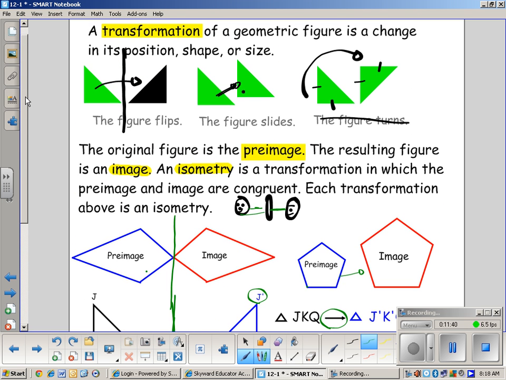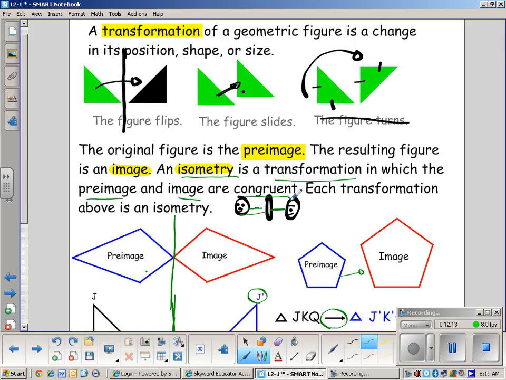Key points to make sure we understand. An isometry is a transformation in which the pre-image and image are congruent. Okay? That's really important. The pre-image and image are congruent. So an isometry always maps the pre-image onto the image. And if I did that, and I held it up to the light, they'd be exactly the same.